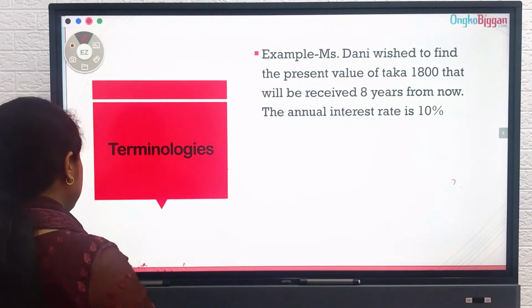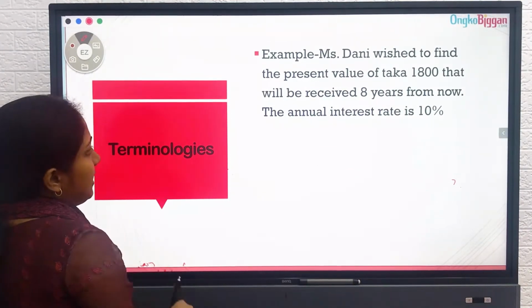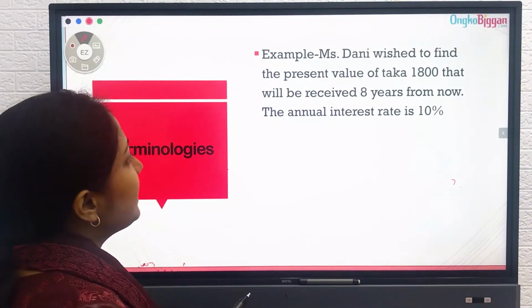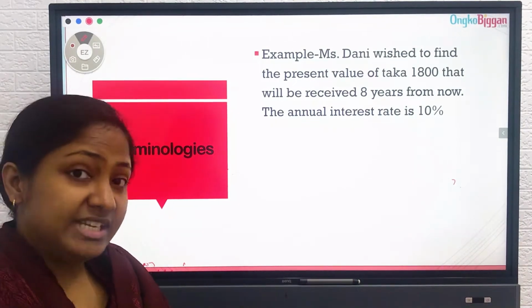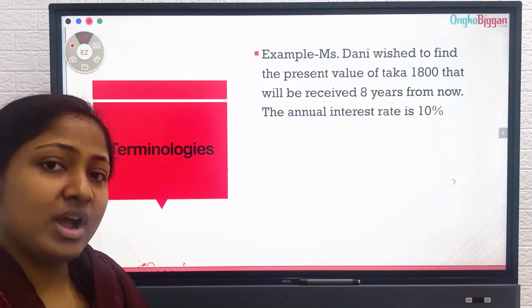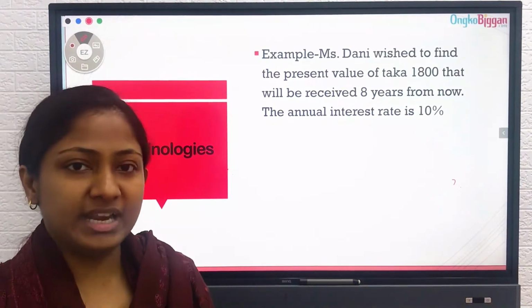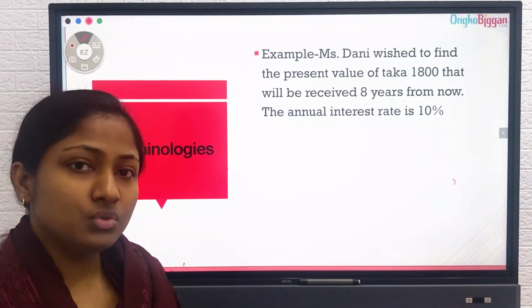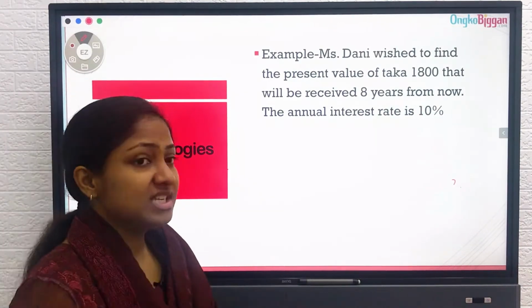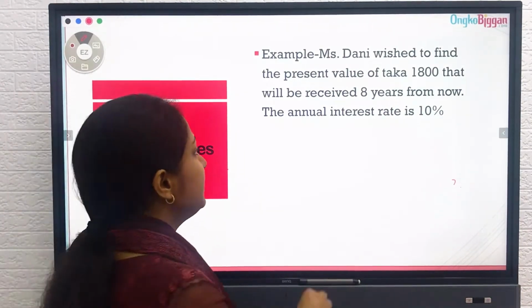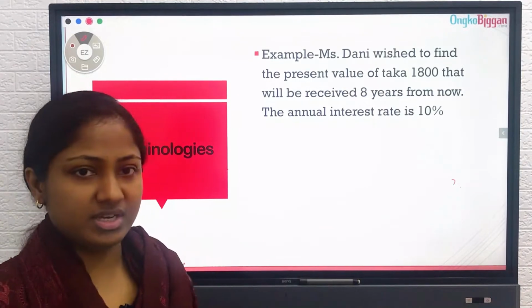So here we will take an example like Miss Danny wishes to find the present value of taka 1800. You have already estimated that after 8 years you will get 1800. But you want to know how much it is worth now with a 10% risk-free interest rate.